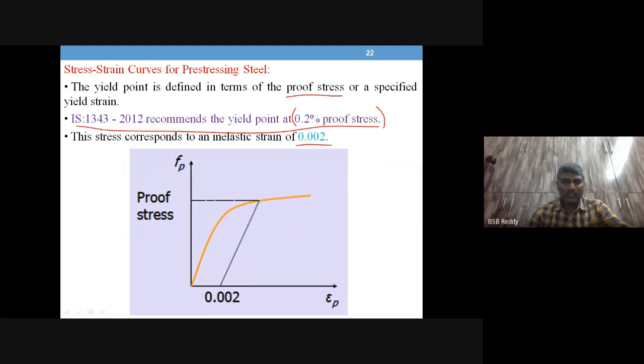So take the stress strain curve of steel, then draw a line parallel to the initial tangent at 0.002 strain, and it will strike the curve. Take that point as proof stress. That is what is called 0.2% proof stress.